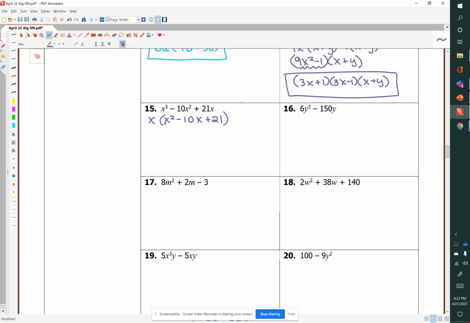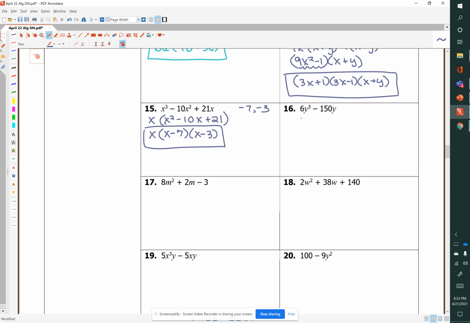So we're going to need two negative numbers so that we can get that positive 21. So that would be negative 7 and negative 3. So we've factored out the x minus 7, x minus 3, and that is our final answer.